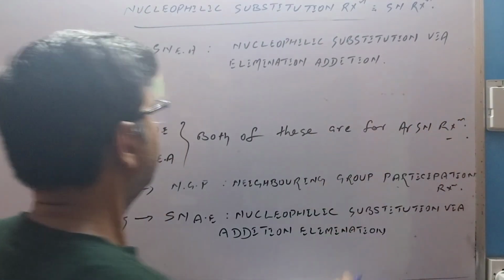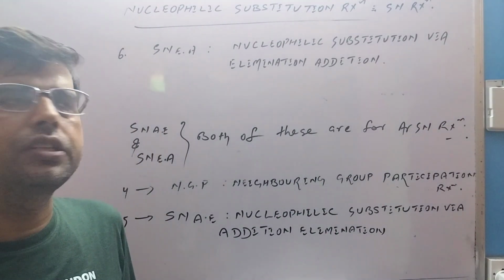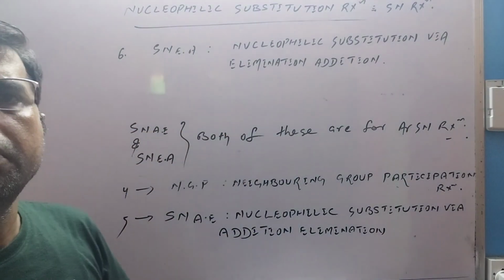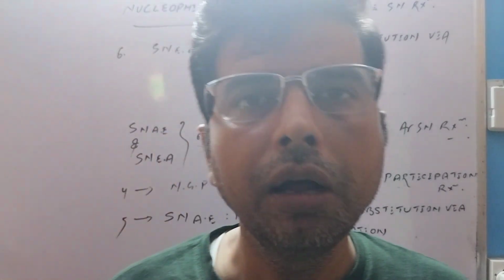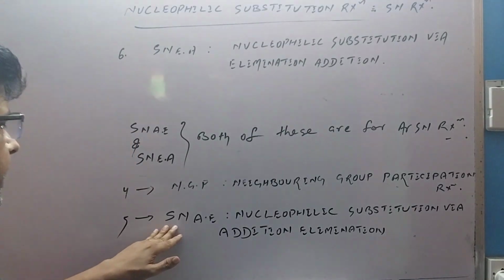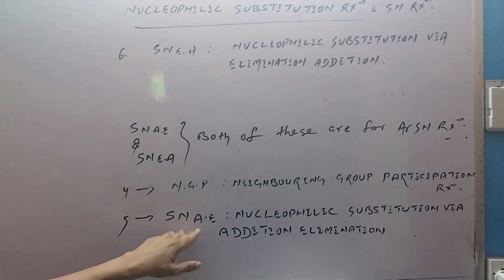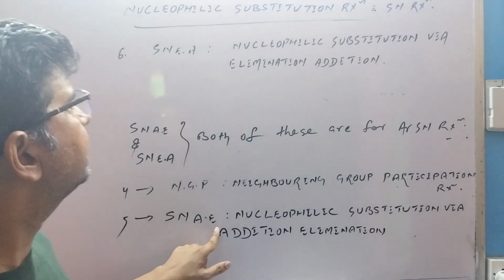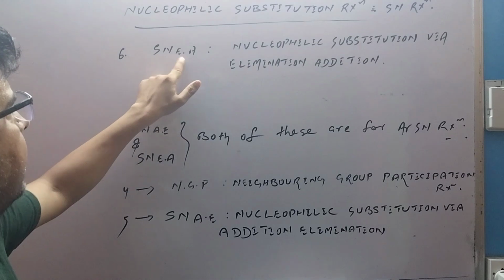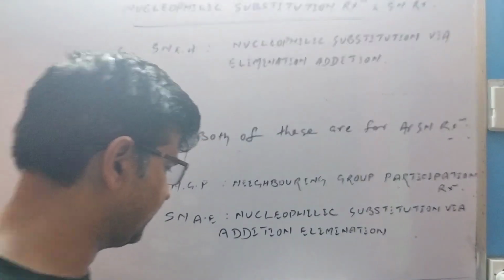ARSN reaction means aromatic nucleophilic substitution reaction. SNEA we discussed in the mechanism, it follows the benzyne mechanism. SNAE nucleophilic substitution proceeds via addition elimination. SNAE is addition elimination, SNEA is elimination addition.